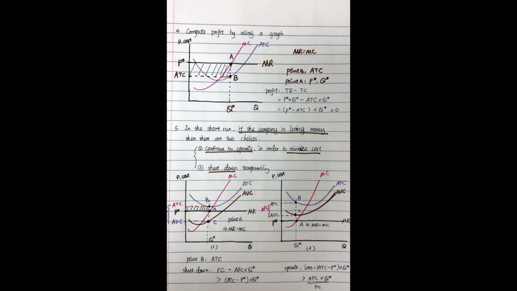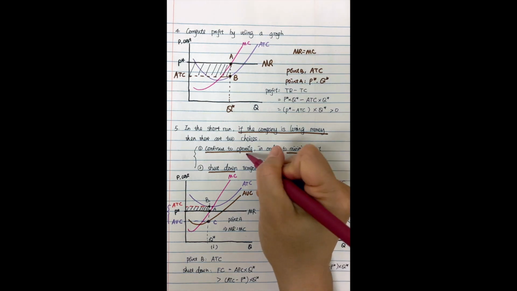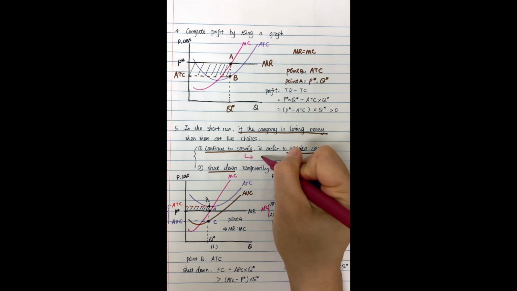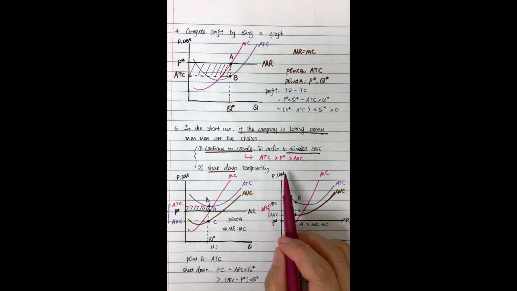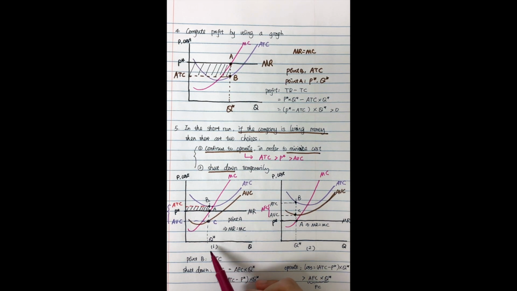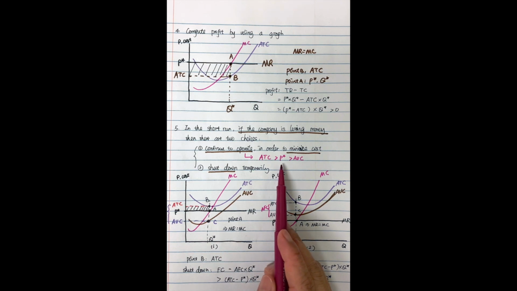If the firm chooses to operate, I will just write it down here. It should satisfy that the price lies between them: average total cost is larger than price, but price is larger than average variable cost. So if the firm chooses to operate in this case 1, it should satisfy this condition.